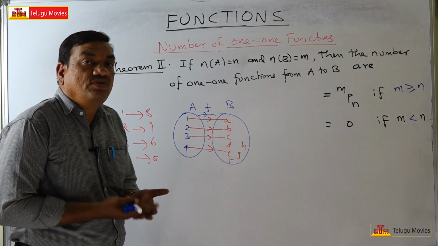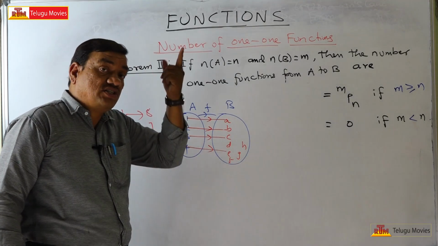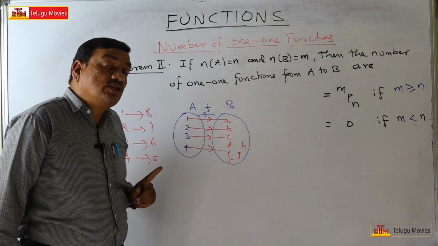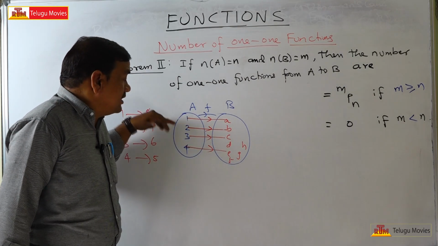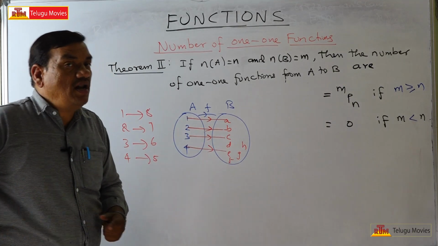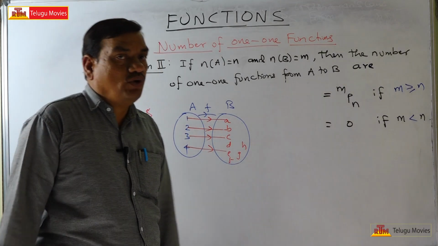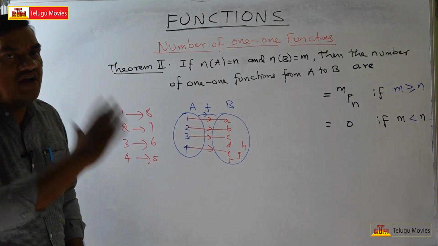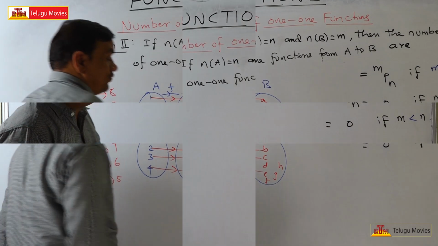But in a one-one function, one element should be associated with one element. So as per the second, third, fourth, the chances will keep going less. Okay, now if you understand this concept, the proof is very, very easy. Okay, so let us see the proof. See here.